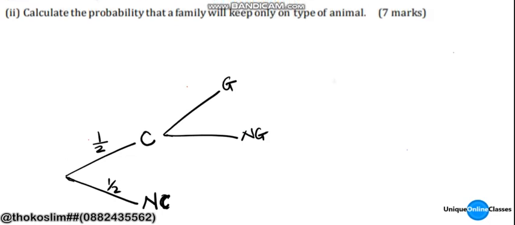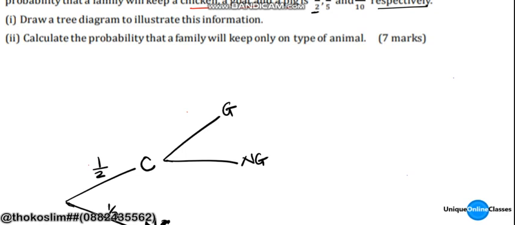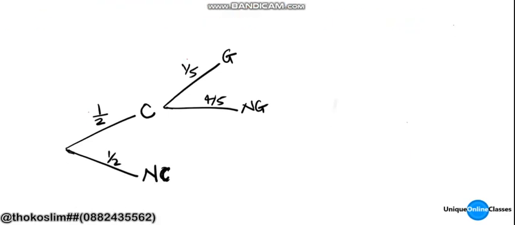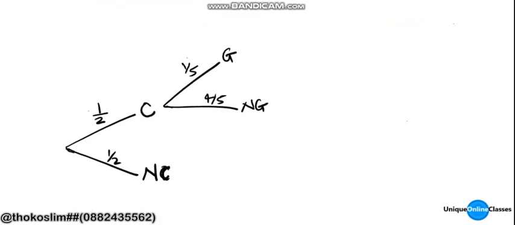For goats that's 1/5, and no goat is 4/5. If we add 1/5 and 4/5, the answer is 1. The same applies here, because it is possible that the family has no chicken but keeps goats.